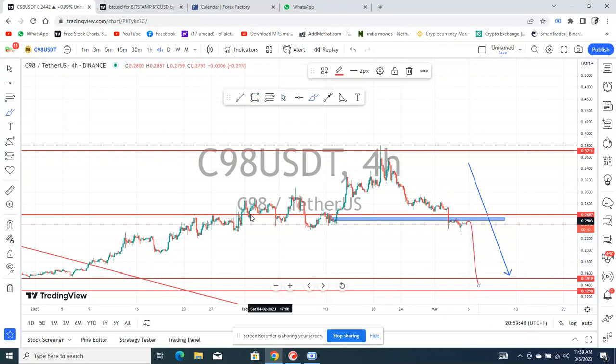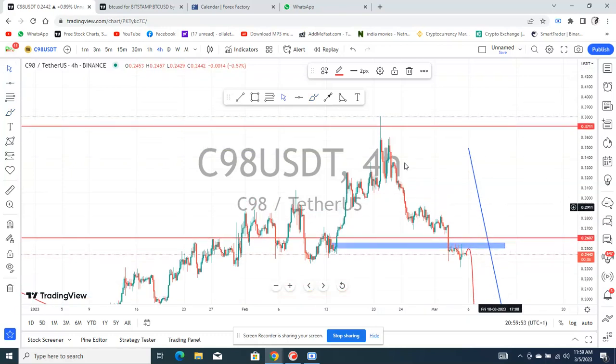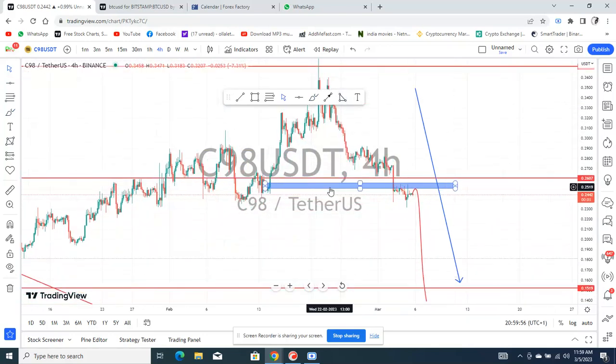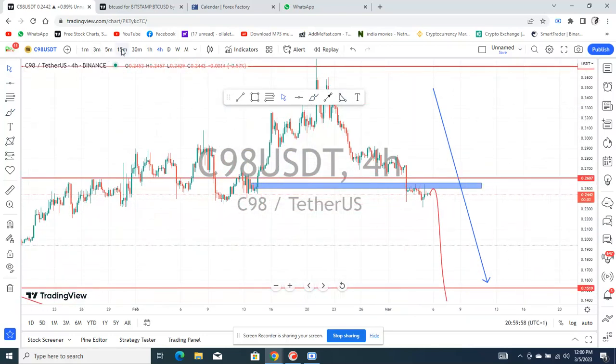Or another prediction is this: if price doesn't reverse around this zone, let's check the 15-minute time frame to see what will happen. You need to pay attention to the structure.